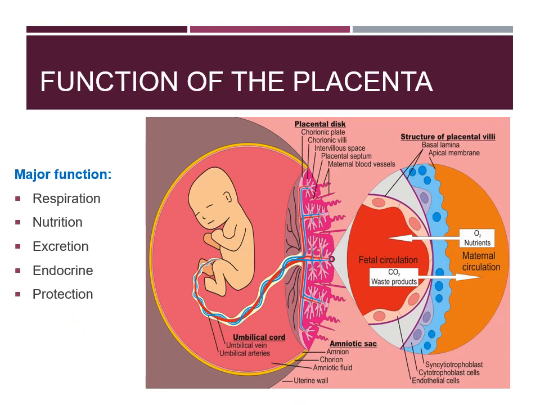So the main function of the placenta is to provide oxygen for respiration for the fetus, also to provide nutrients for the developing fetus, the needed amino acids, glucose, and sugars, and also to provide an excretory function for the fetus to excrete waste products, metabolized hormones, and metabolism products of many biochemical reactions in the fetus.